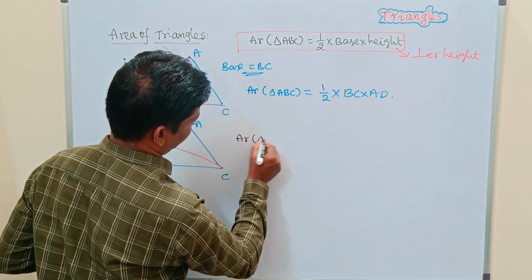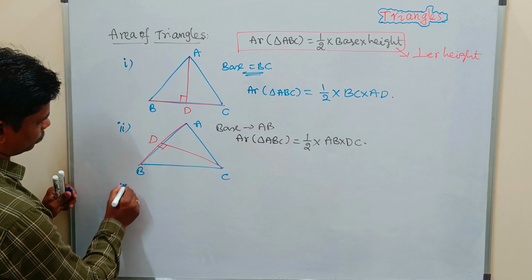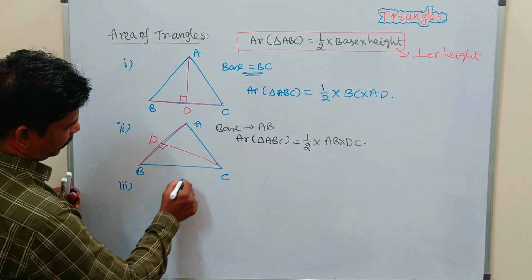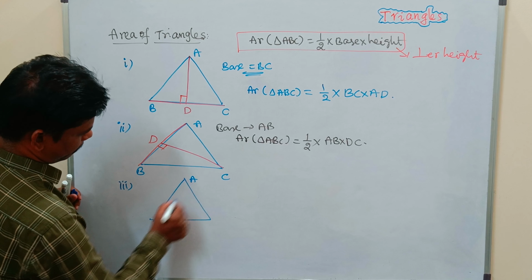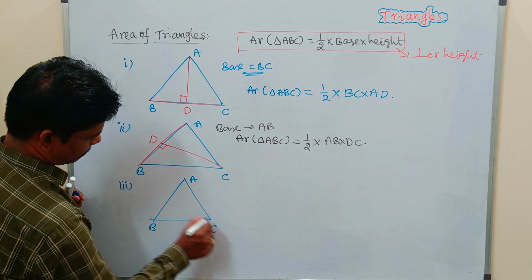Third one. Suppose we take a triangle ABC. We consider AC as the base, and DB is the perpendicular height.